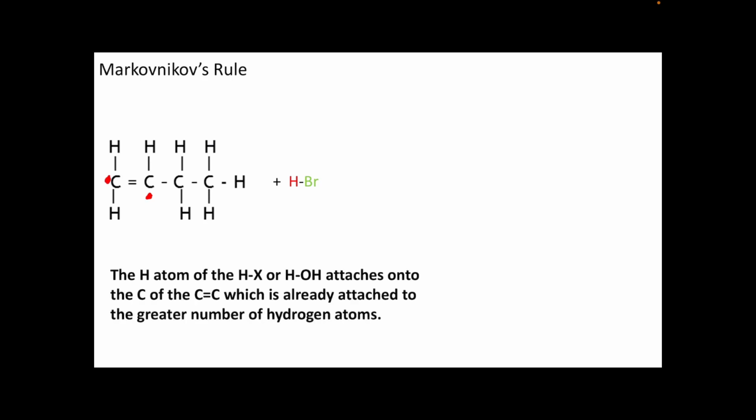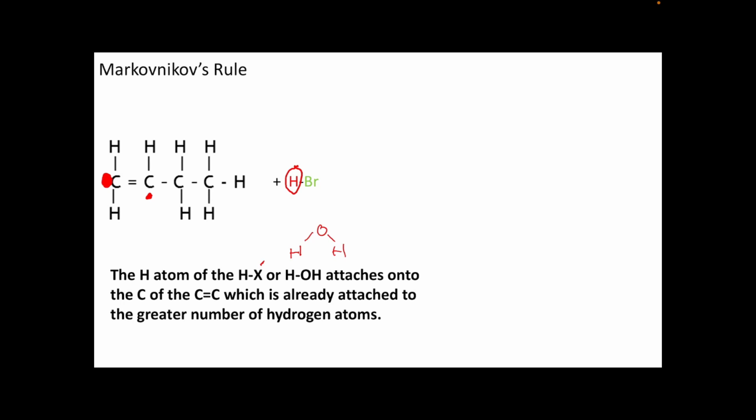So here's the rule. The hydrogen atom of the HX molecule, X being a halogen, or of the HOH, remember that's just water, attaches onto the carbon of the double bond which is already attached to the greater number of hydrogen atoms. So we can see that that is that one there.